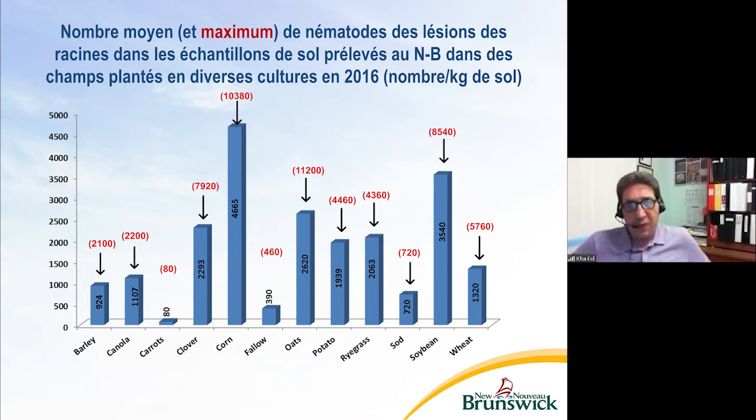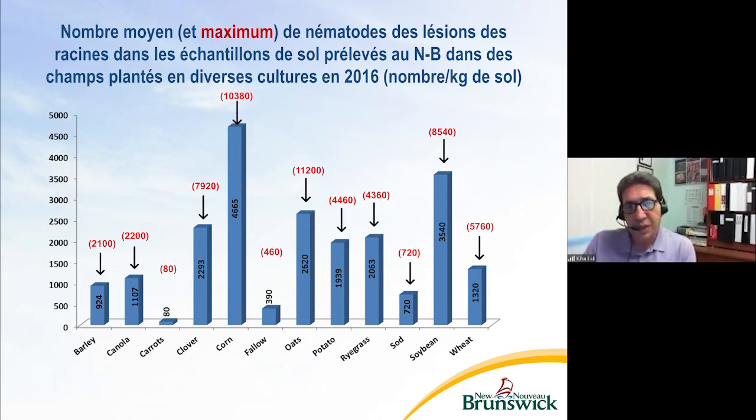These are some of the results from previous work. In 2016, a large number of fields were surveyed and tested for nematodes and Verticillium, and the fields were planted with various crops. Sure enough, you see large numbers of root lesion nematodes in corn, potato, clover, oats, and so on.